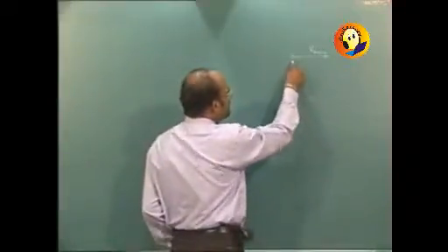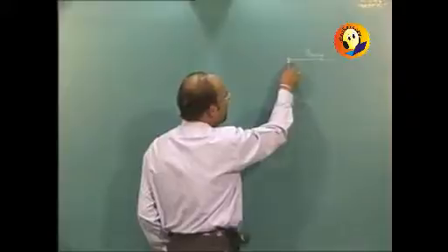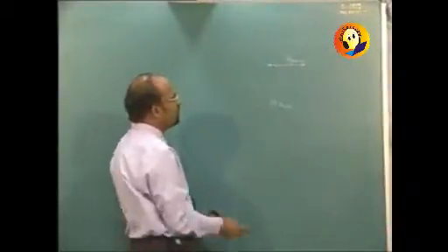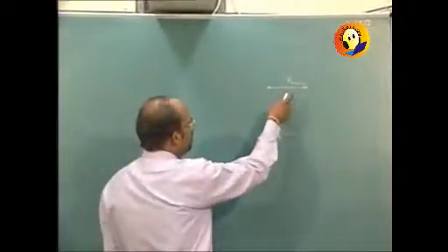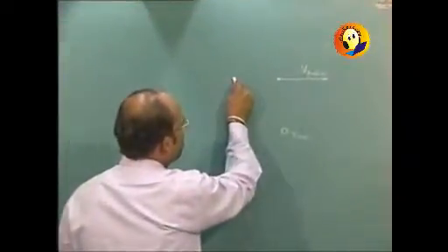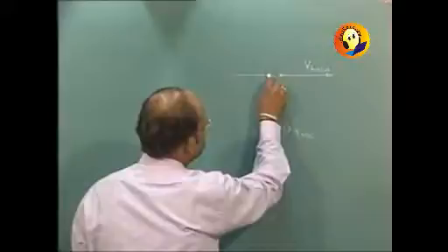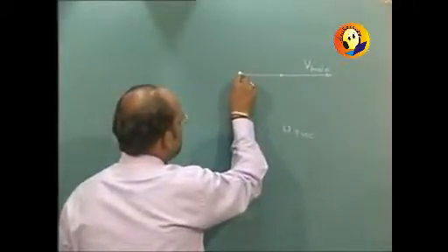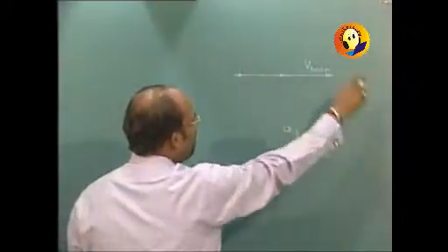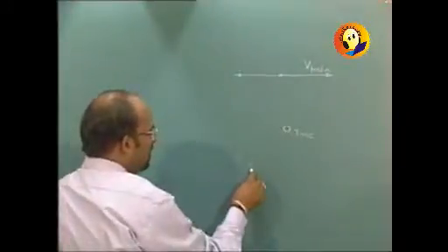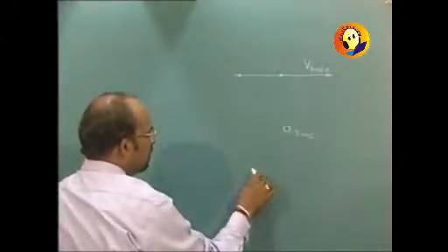Now, when we place ourselves in the train, then what happens is with respect to us, the velocity of the train becomes 0. Now, if velocity of the train is to become 0, we will have to apply equal and opposite velocity so far as the vectors addition is concerned, and the same velocity will be applied to the entire system, even if there is some person standing over here.